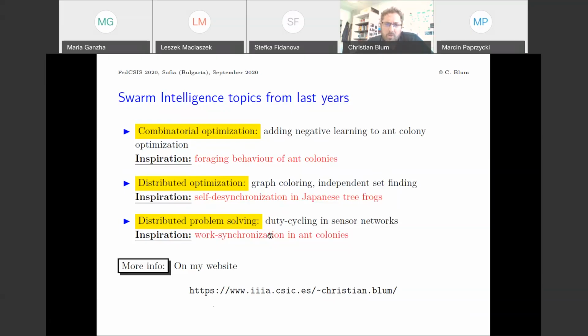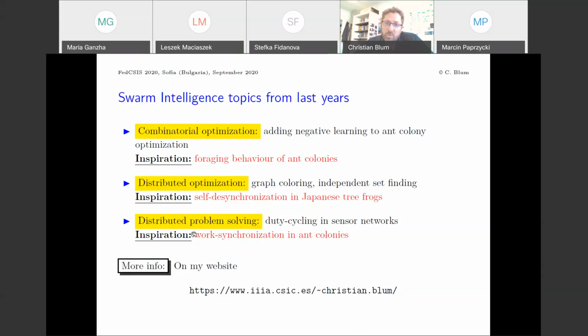The last example I want to mention is duty cycling in sensor networks. When you have sensor networks, you usually have small devices equipped with batteries, so you have to save energy basically. Depending on the task that you want to solve with the sensor network, they are periodically switched off. And this can also be done in a distributed way.